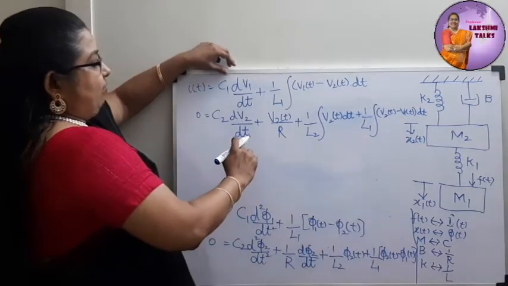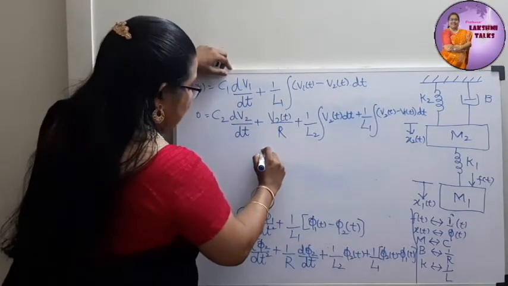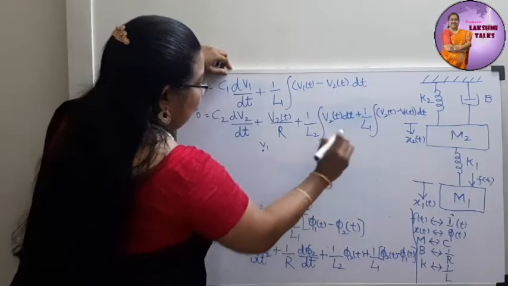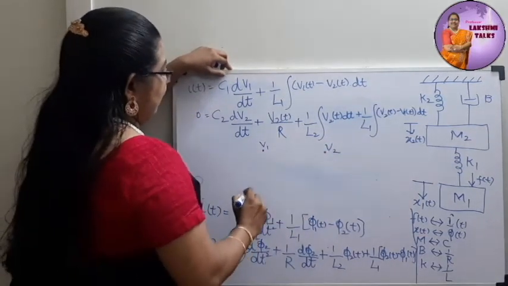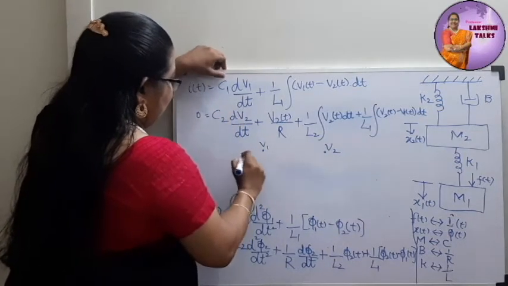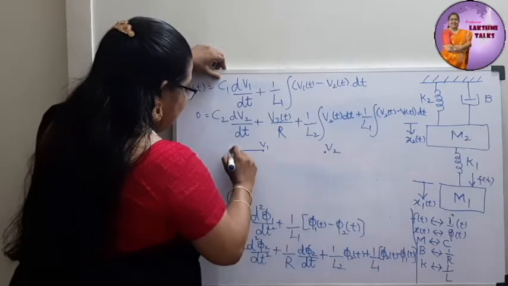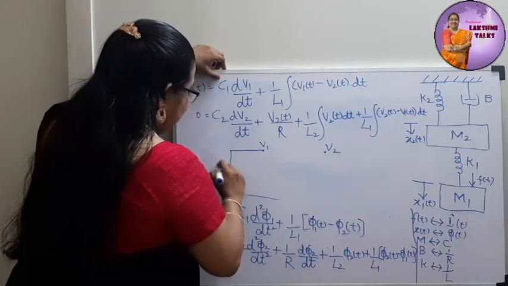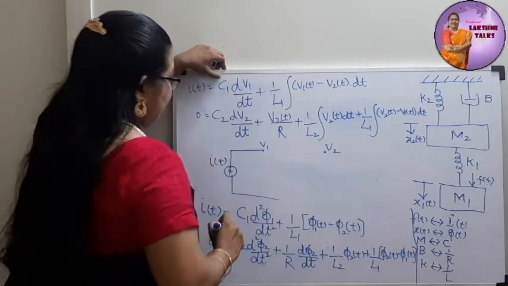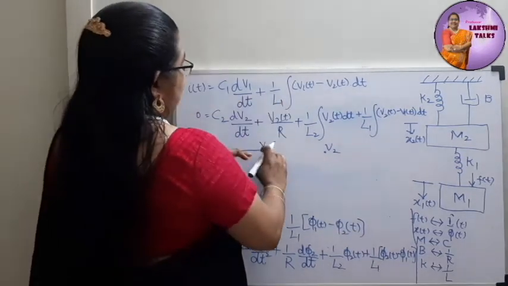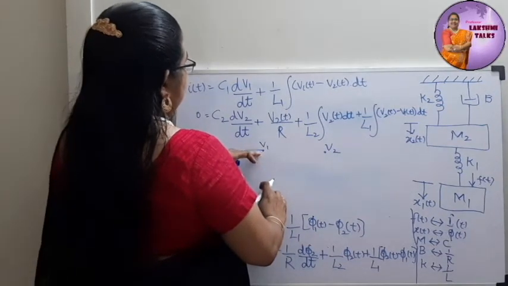See, we have two nodal voltages, V1 and V2. Now, we have a current source connected to voltage V1. So this is I of t. What are the elements that are connected across this voltage?